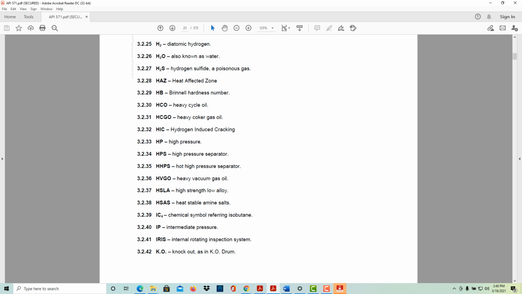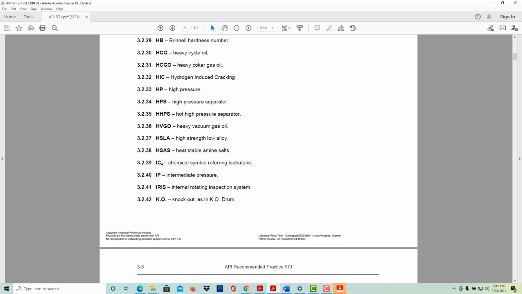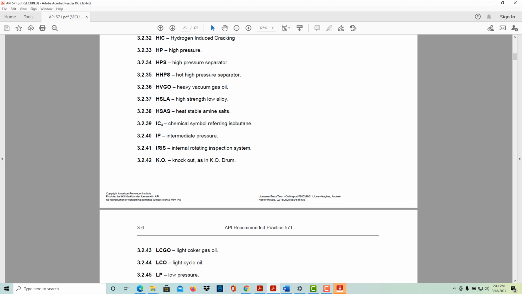HHPS, hot high pressure separator. HVGO, heavy vacuum gas oil. HSLA, high strength low alloy. HSAS, heat stable amine salts. IC4, chemical symbol referring to isobutane. IP, intermittent pressure. IRIS, internal rotating inspection system.